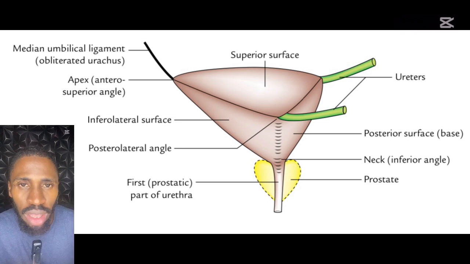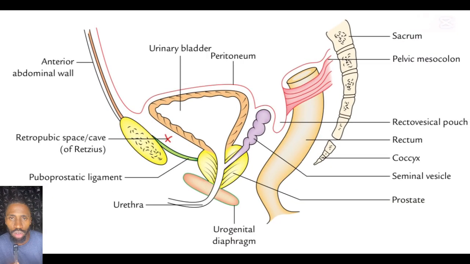That connection of the bladder to the umbilicus becomes fibrotic, and when it becomes fibrotic, it forms what we call the median umbilical ligament, which is a true ligament. So that is the apex of the bladder, connected by a median umbilical ligament, a remnant of the urachus or allantois.